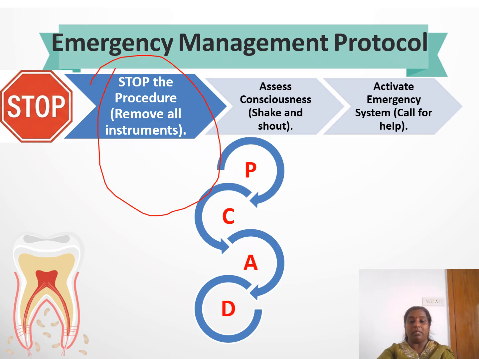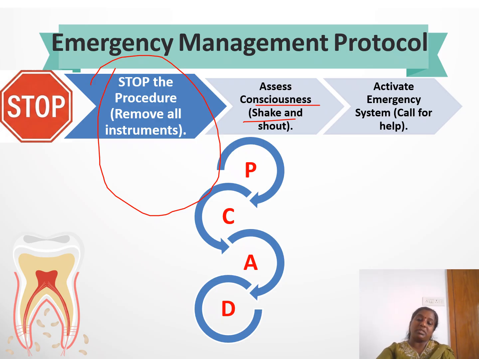Then we have to assess the consciousness of the patient by shaking and shouting at the patient to check the consciousness level. If there is an emergency and we are not able to manage after doing all the first aid procedures, we have to activate the emergency system and call for help.